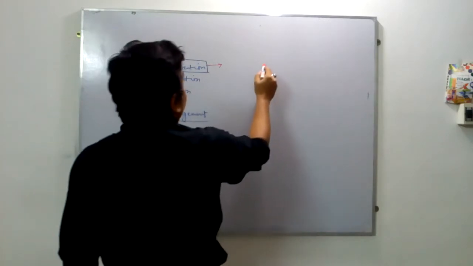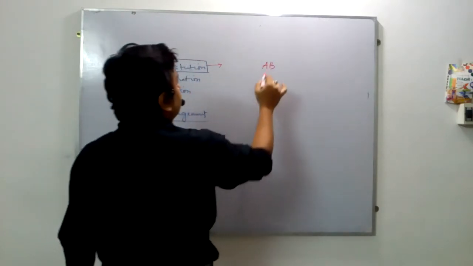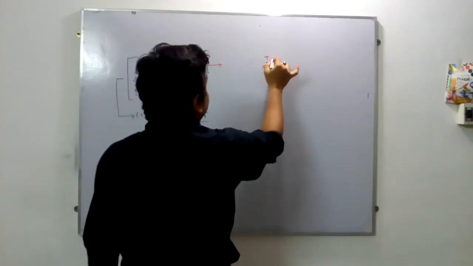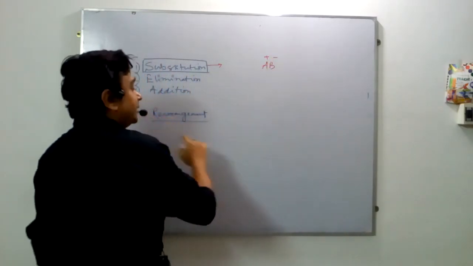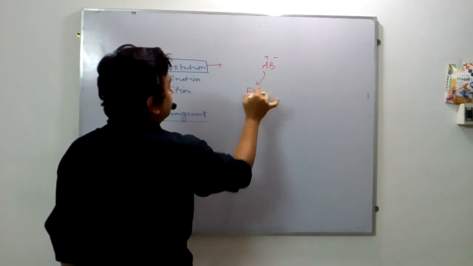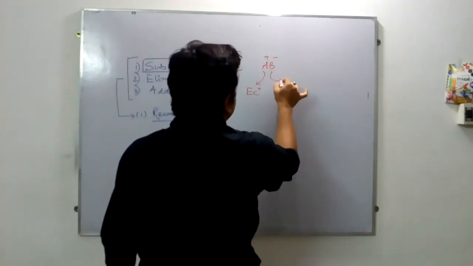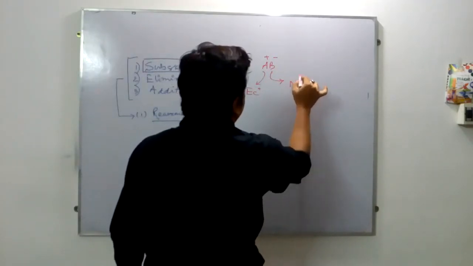Now suppose I have a compound in my hand, AB. It will have an electrical positive part and an electrical negative part. This electrical positive part is known as electrophile. It's generally termed as E+, and this negative part is known as nucleophile.